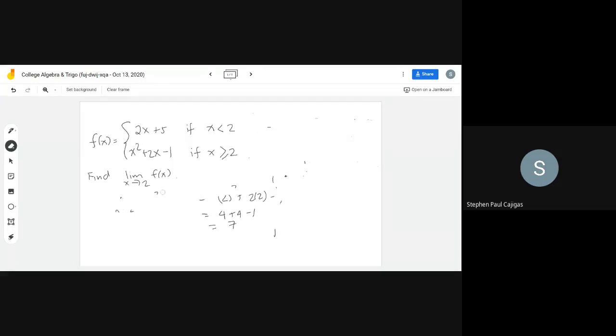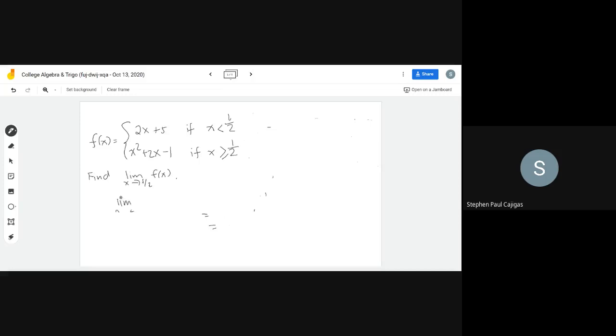So again, since this is a piecewise function, we evaluate the left hand and right hand limits.